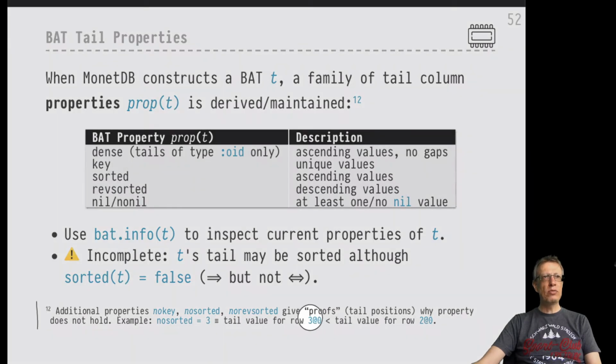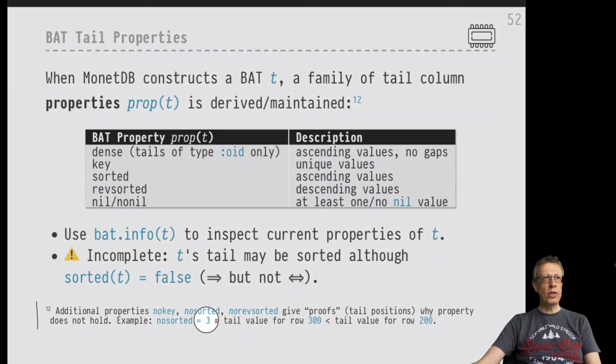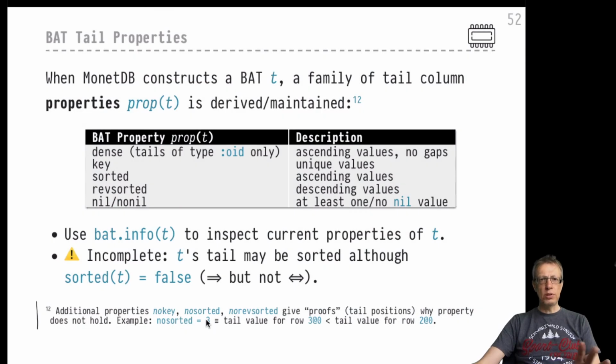So the tail value for row 3 is less than the tail value for row 2, which means the tail column cannot be sorted. And here is the proof. The row at offset 3 is the proof why that sorted property is lost. So it's a really nifty and intricate property system that's being implemented inside MonetDB.